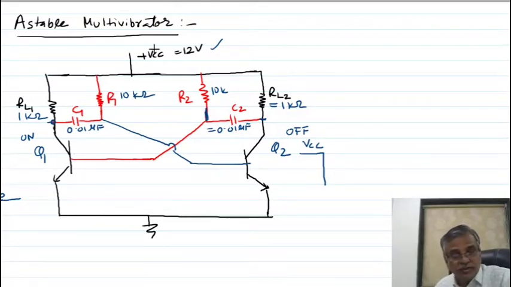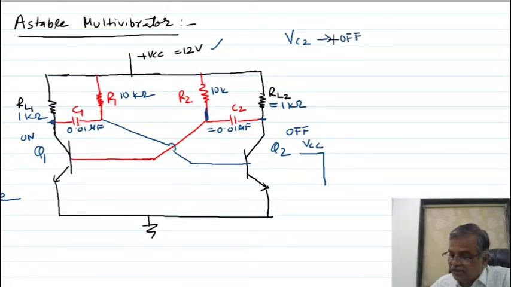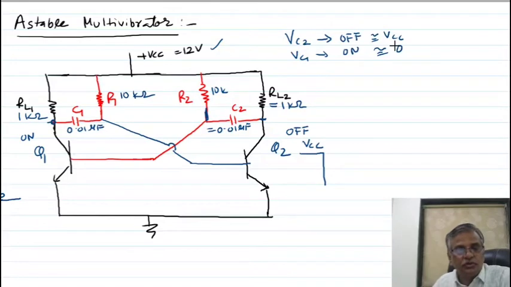As you make the power supply on, due to some circuit imbalance, transistor Q2 comes in the off condition and Q1 comes in the on condition. As a result, at the output collectors, VC2 is initially in the off condition and VC1 is in the on condition. This is nearly VCC, this is nearly 0 volt. This is your VC2, and this is your VC1 voltage with respect to ground.